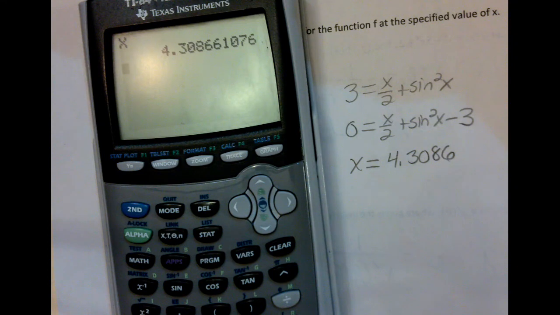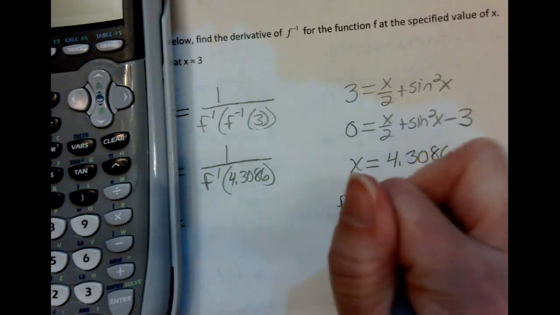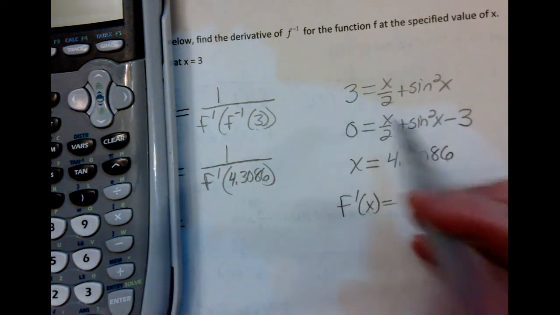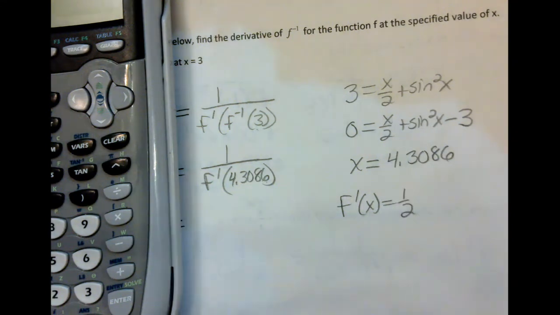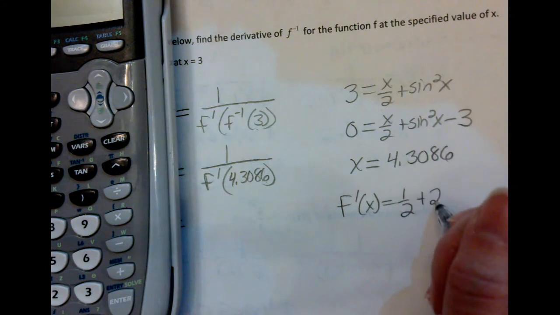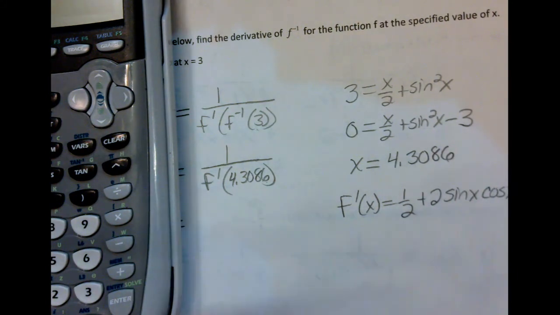There's that value stored. What I need to find next is f's derivative in general. X over 2 is like 1/2 x, so the derivative to start is 1/2. Chain rule here, plus 2 sine x cosine x.